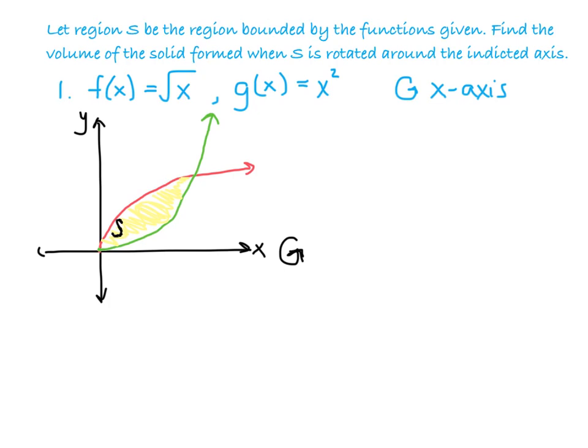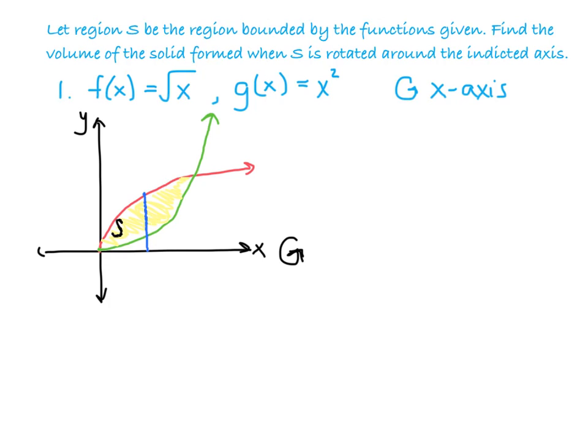Now what we need to do is get our radii. We are looking for a picture of the radius, and when we draw in our rectangle, we're going to draw it perpendicular to the axis of rotation. So there it is. And we have two different radii. Imagine taking this yellow shaded region and rotating it around.